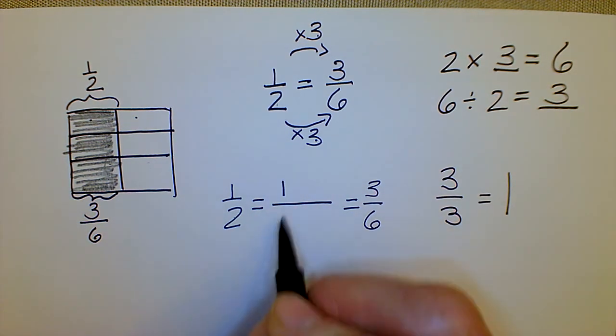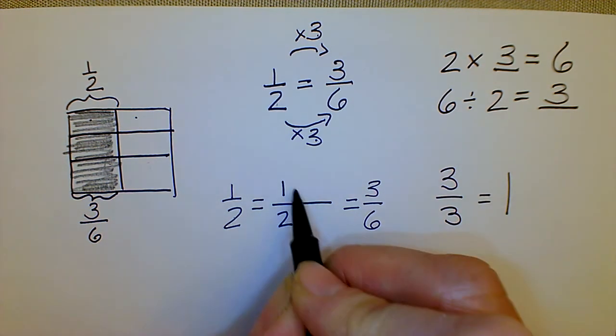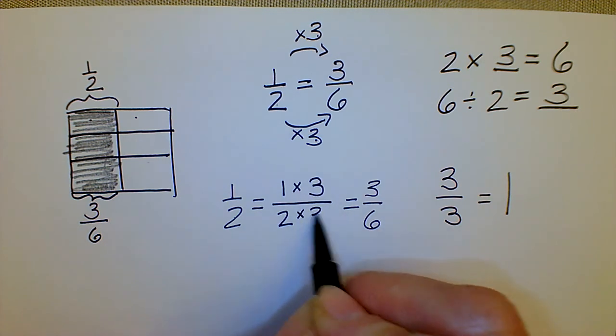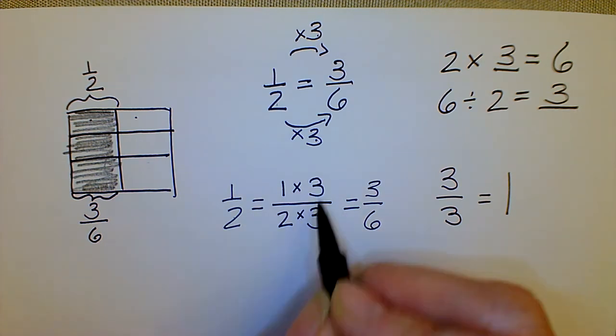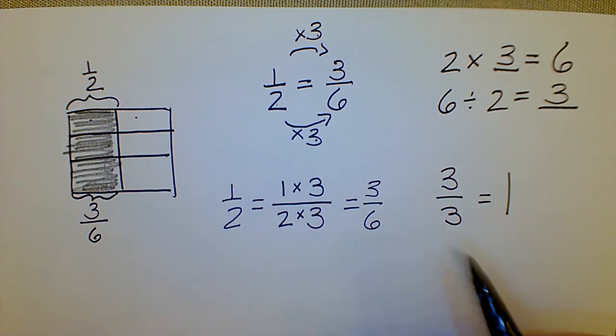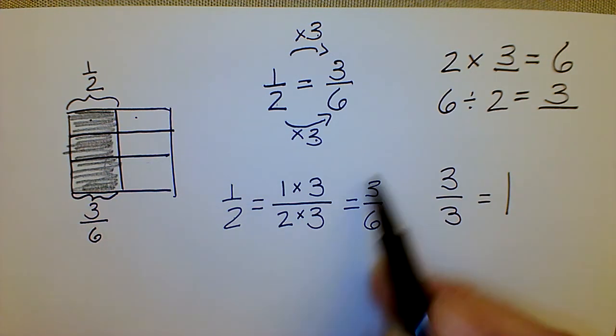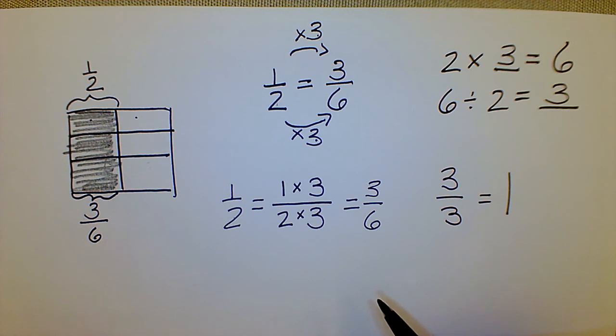So I'm going to show what I did. I'm going to rewrite my 1/2, and now I'm going to multiply it by 3 on the top and the bottom. And now you can see, really I'm just multiplying by 1. So I'm not really changing the value of it. I'm just changing how many pieces it is cut up into.